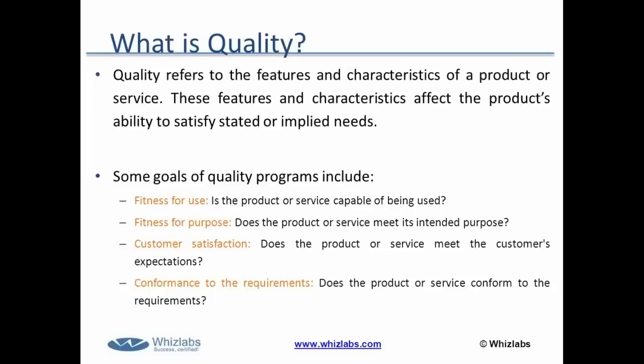Whether I am able to use that 20 meter range wireless or not, that is the purpose. So my product should be fit for use, and should also fit all my purposes. If I'm able to use the wireless service from 2 or 3 meters, but my purpose was to use it from 20 meters, has that purpose been met? That is called fitness for purpose.